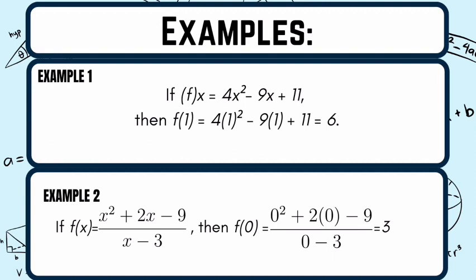So for example, x depends on what we put in. In the example in the picture, I put 1. So in the whole equation, x is substituted with 1. So f of 1 equals 4 times 1 raised to the power of 2 minus 9 times 1 plus 11, which is equal to 6.